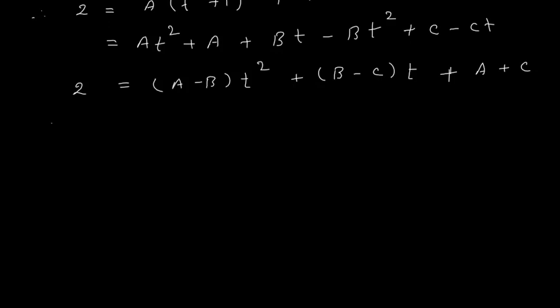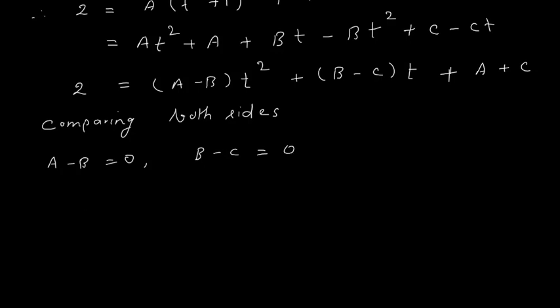So I will say that comparing both sides, I will get a minus b as 0, I will get b minus c as 0, and I will get a plus c as 2.